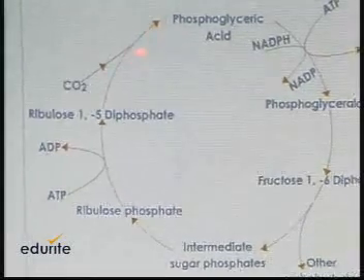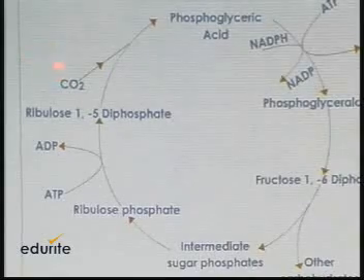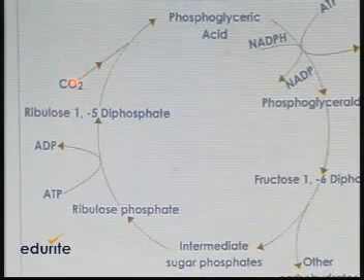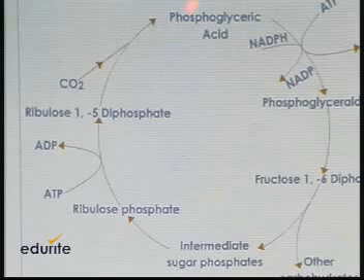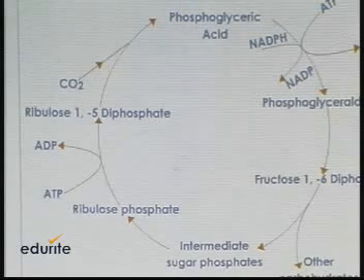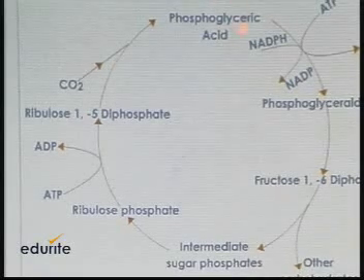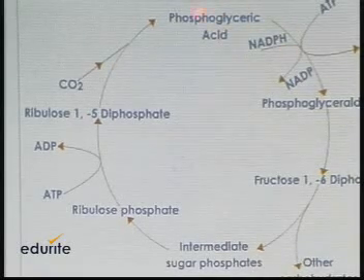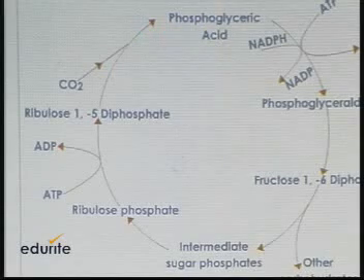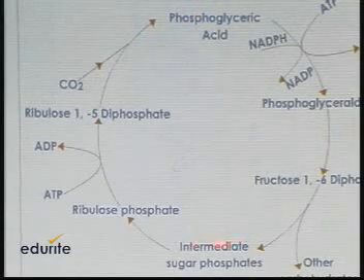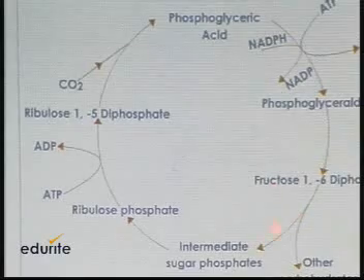Ribulose diphosphate absorbs 6 molecules of carbon dioxide to form what is called PGA, that is phosphoglycerate molecules or phosphoglyceric acid. Now, a number of intermediaries are formed.